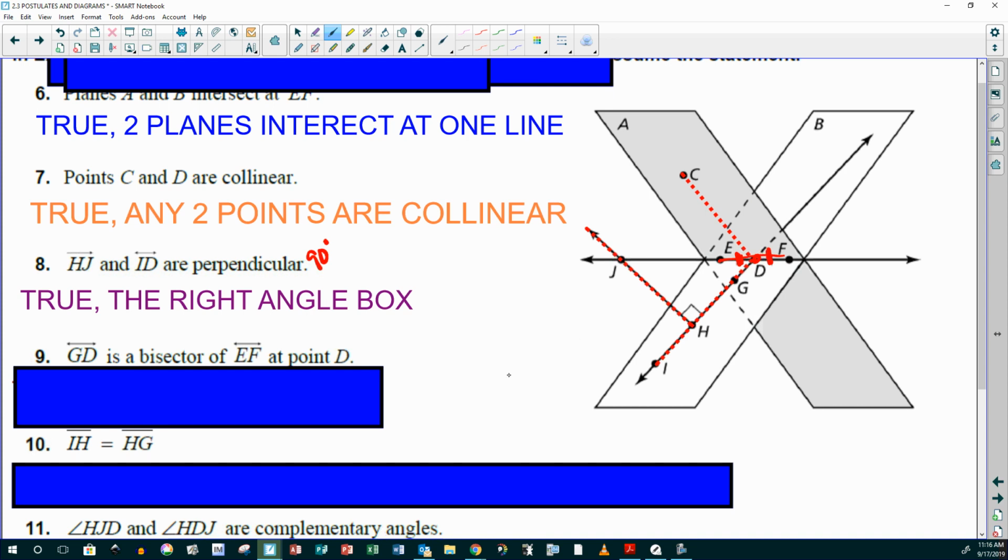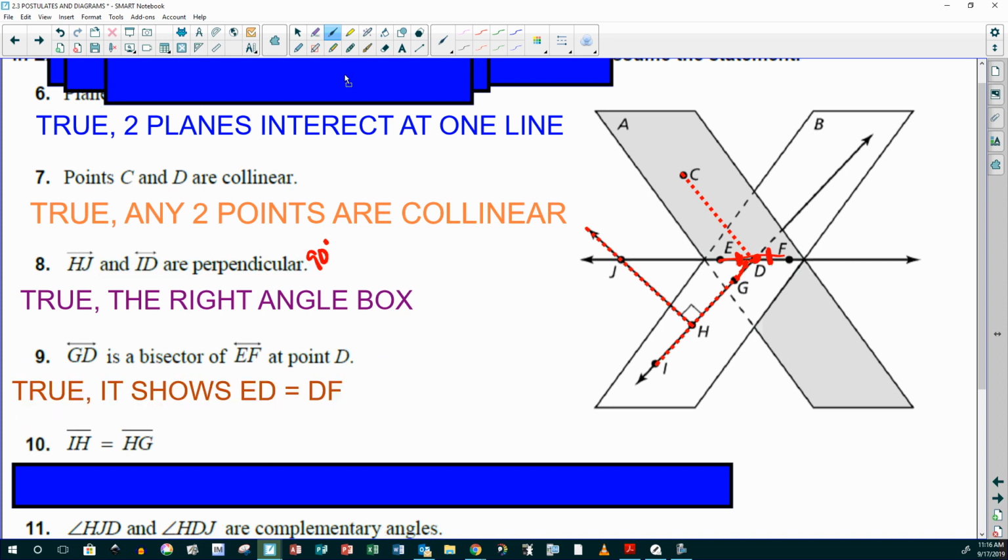So GD is a bisector of EF at point D. It shows that ED is congruent to DF. Some of these are obvious, some of these are not as obvious.